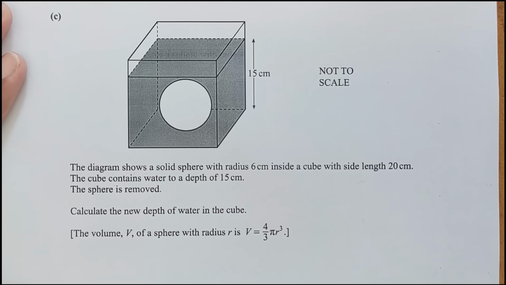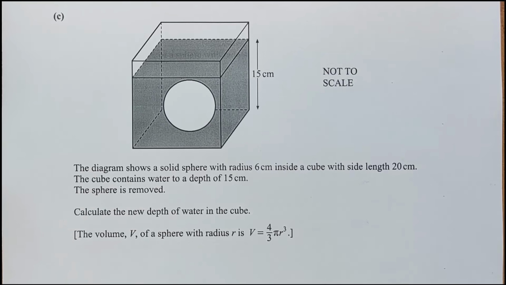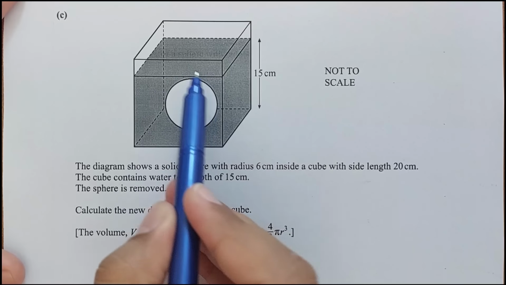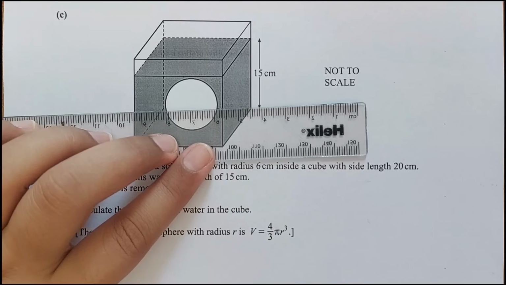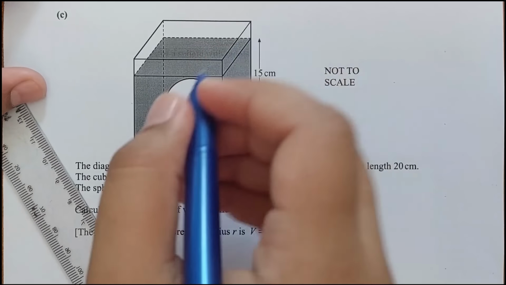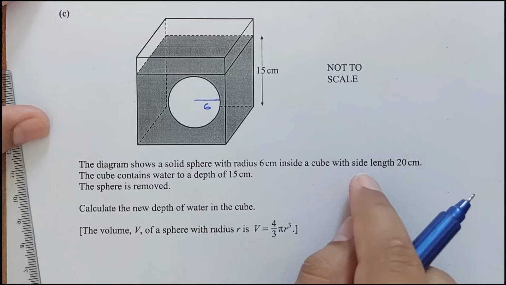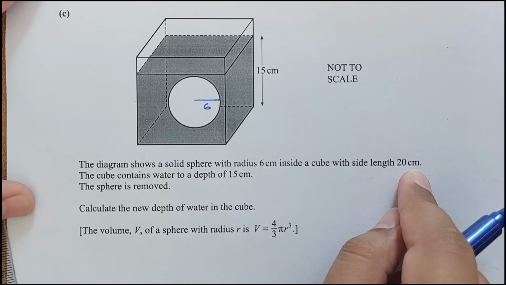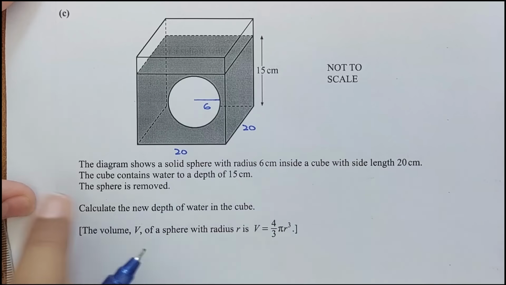Now for part C. The diagram shows a solid sphere with a radius of 6 centimeters. Inside is a cube of length 20 centimeters, so each side of the cube is 20 centimeters.